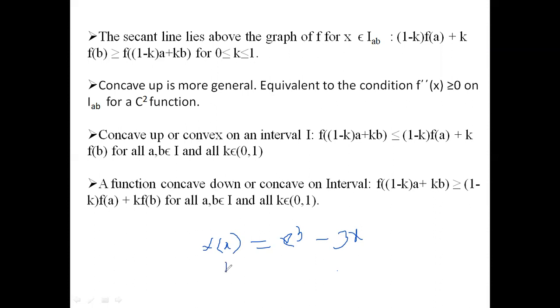If you take the derivative, f prime x equal to 3x squared minus 3.